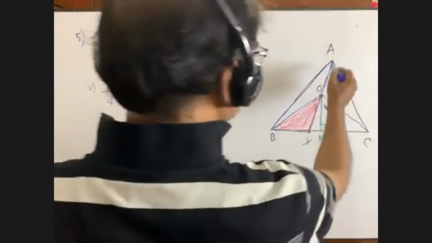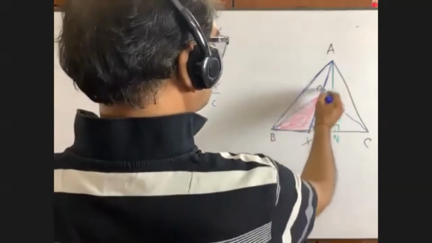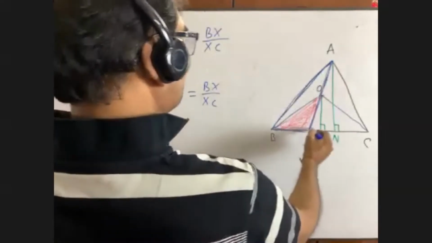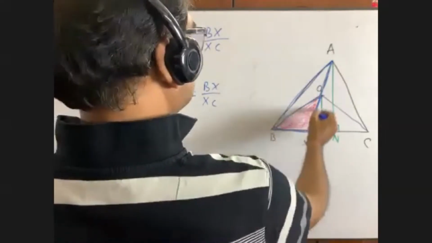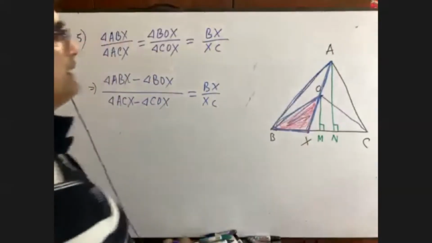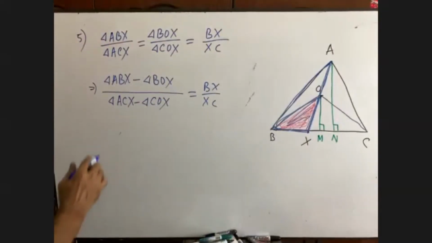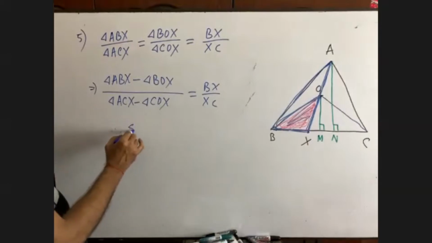Don't understand? This is ABX, okay? From here, this BOX will be subtracted. So we'll be left with triangle AOB.